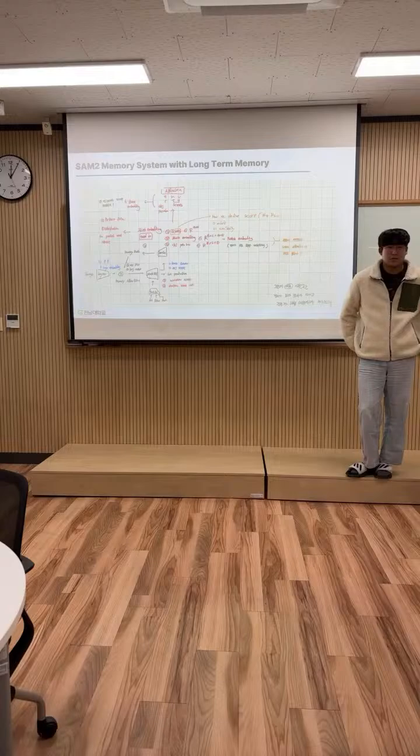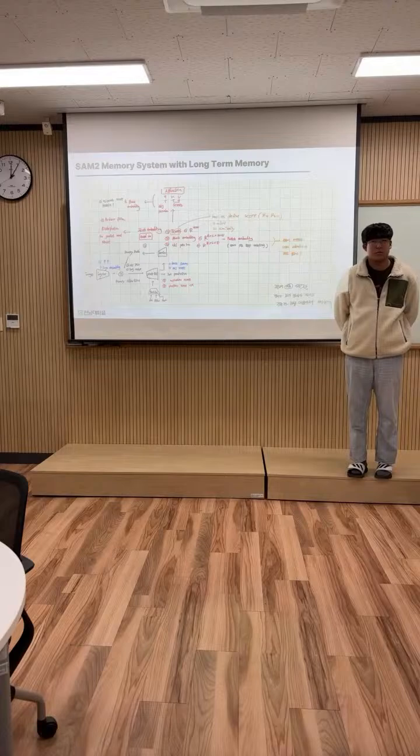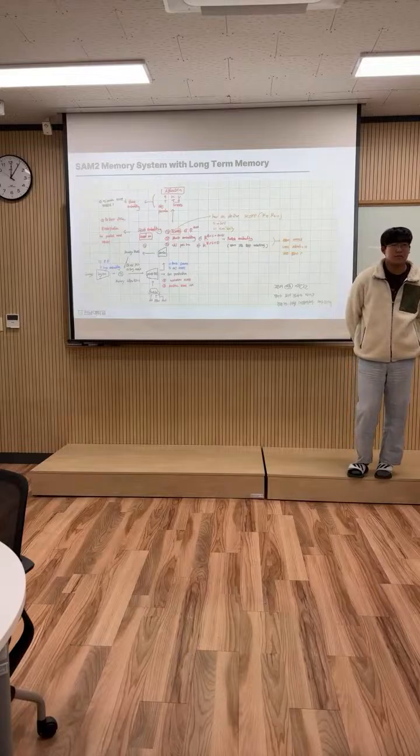And one more comment: you mentioned you are designing the joint embedding space. Just a few minutes ago, we had a meeting where Sunil mentioned the VQ-VAE, the vector quantized variational autoencoder. In this architecture they have a codebook, and I think this codebook is similar to a memory system.